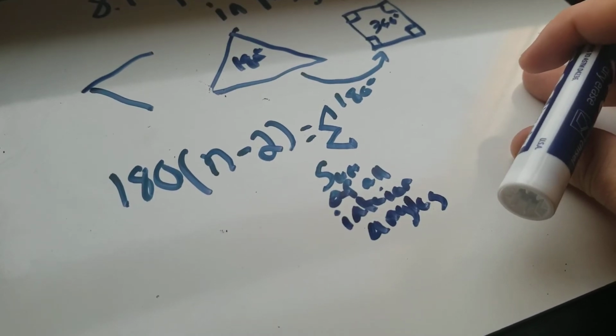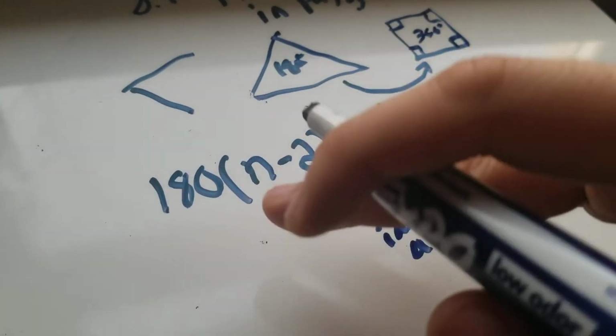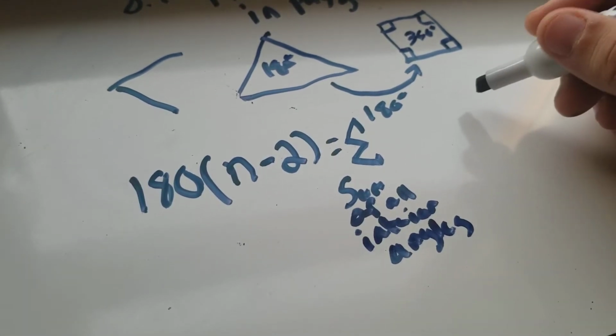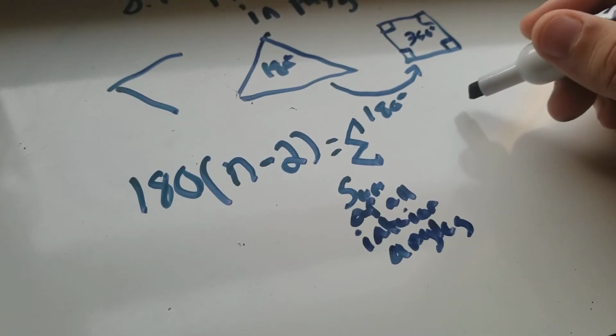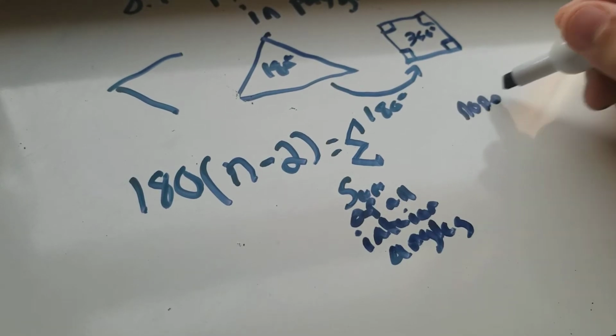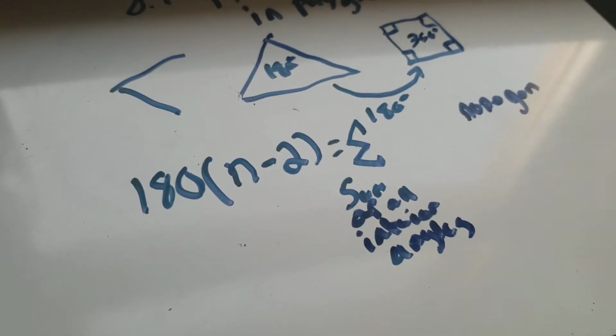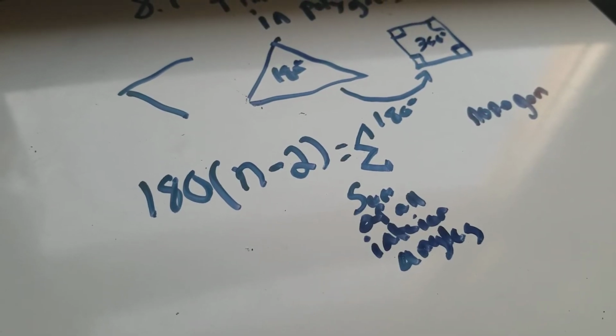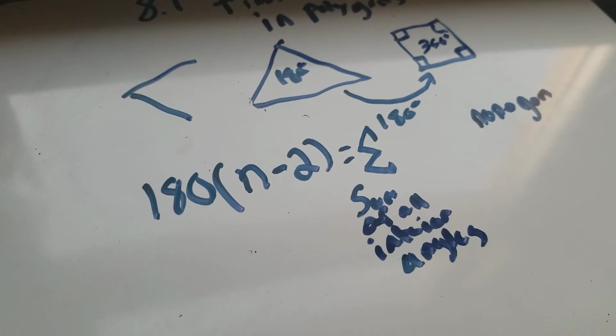Okay? So there's two ways I could ask you a question using this equation. For example, I could ask you, what's the sum of the interior angles for a, let's say, a nonagon? So first off, you're like, crud, I gotta remember these names. So nonagon. Let's see. I know 5 is a pentagon, 6 is a hexagon, 7 is a septagon, 8 is an octagon, so 9 is a nonagon. So this is a 9-sided shape.